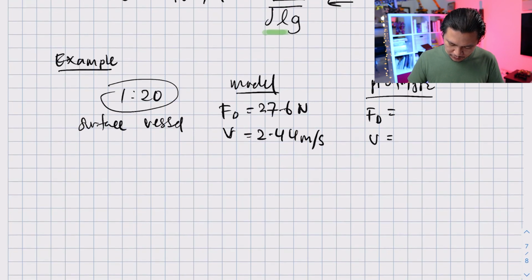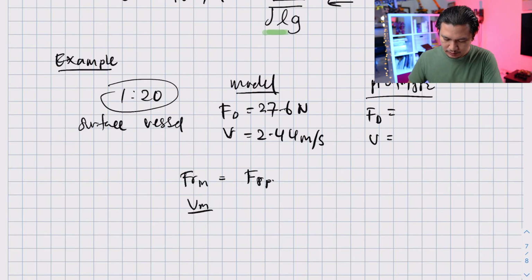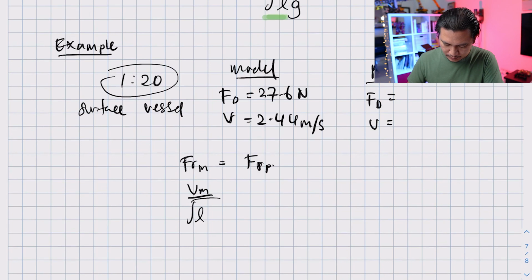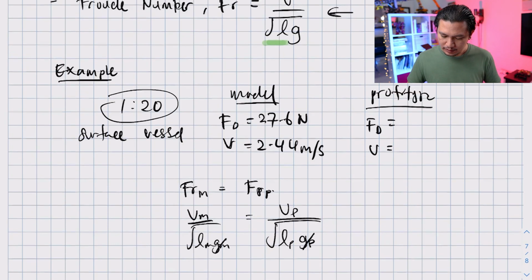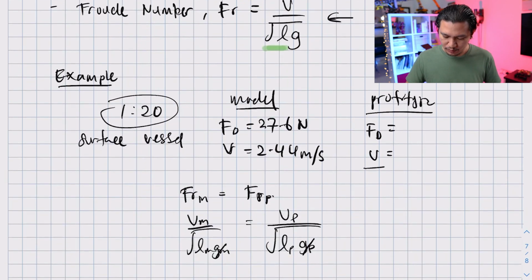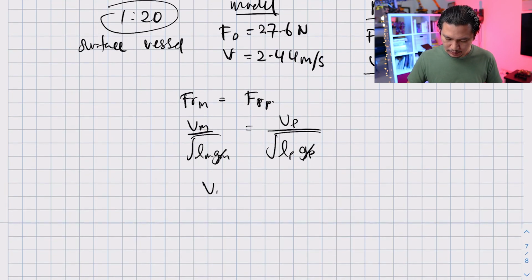Okay, so first of all, the Froude number of the model is equal to the Froude number of the prototype, meaning Vm over square root of LmGm equals Vp over square root of LpGp, and gravity is of course the same. We are looking for the velocity of the prototype, so Vp is Vm times square root of Lp over Lm.